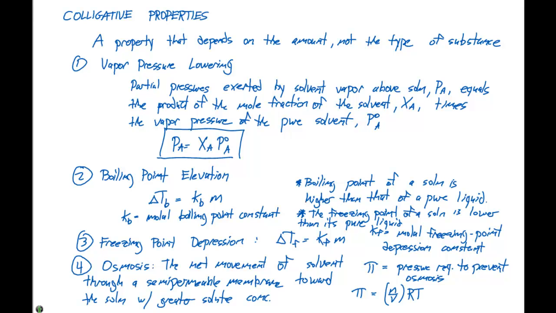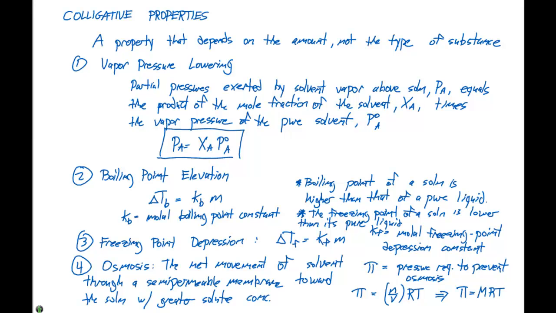And here we've been talking about various pressure units or various concentration units, and here if we have n over V, which would be moles over liters, we can say that pi can also equal capital M, which is the molarity, times RT.